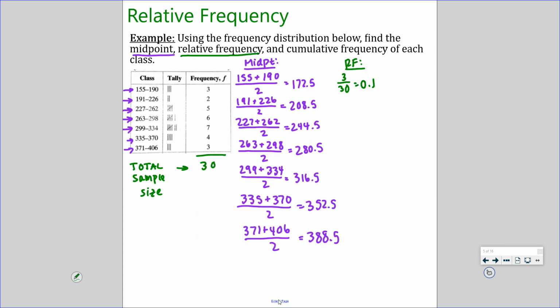Okay, next class, 2 out of 30 is 0.07. I think Alex has you round to 2 decimal places, so we'll do the same. Next class occurred 5 times out of 30. Here's that ratio. It's about 0.17.